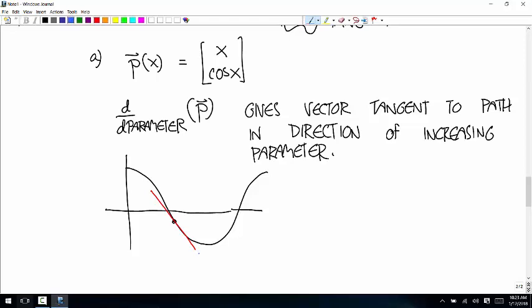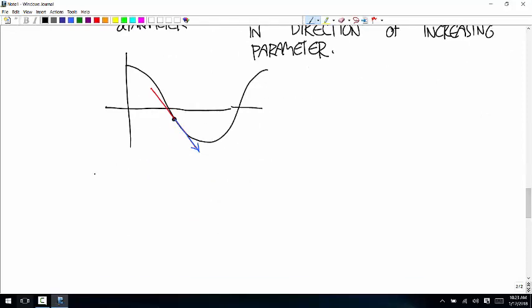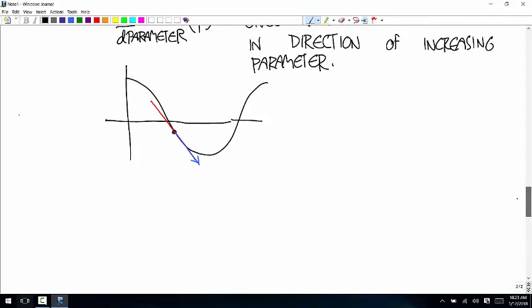Okay, so going this way. But that's not a unit vector yet. So step 1b is to normalize that vector.